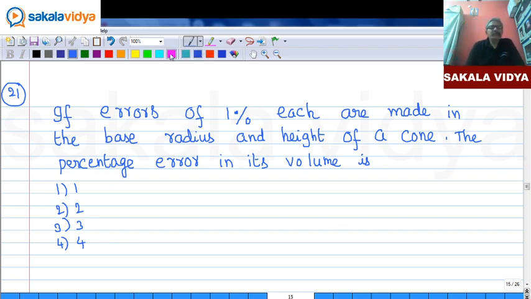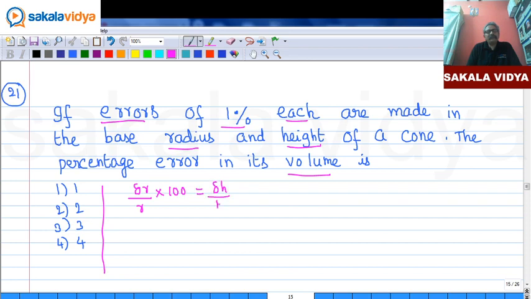So now, if errors of 1% each are made in radius and height of a cone, then the percentage error in the volume you need to find out. So that means delta R by R into 100 equal to delta H by H into 100 equal to 1. What is the volume of a cone? 1 by 3 pi r square h. Now this 1 by 3 pi is constant, keep like this.